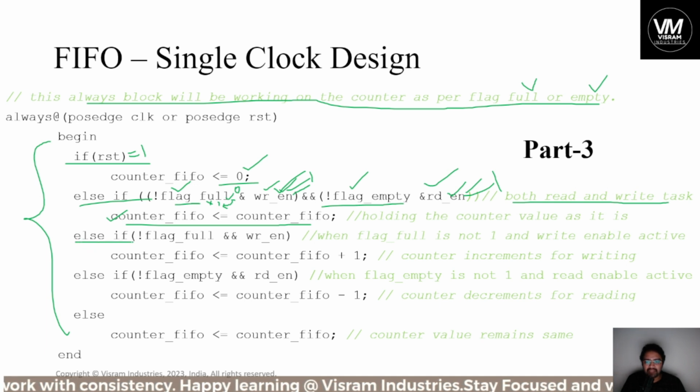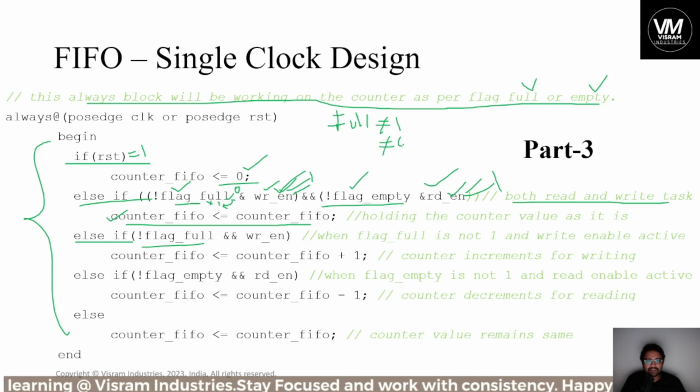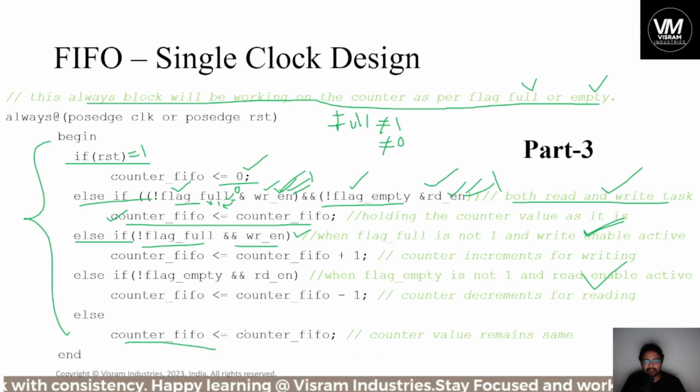But else if flag full is not 1, so it is somewhere in between the 0 and 1 transition, then write enable, you are writing. The initial condition is both read and write. Now you are writing, next you will read, that's it. By default counter FIFO will remain counter FIFO.